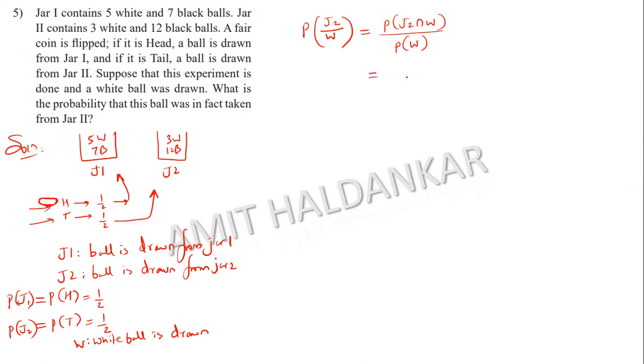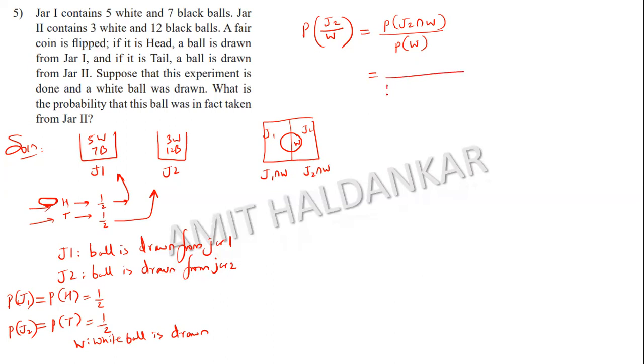Now, if I look at the denominator, that will be solved by using total probability theorem. Now, what exactly is total probability theorem? That I'll be using. So I have jar 1 and jar 2. And out of that, I have taken another event that the ball drawn is white. So from jar 1 we are getting white ball, and from jar 2 we are getting white ball, and these two are total probabilities.